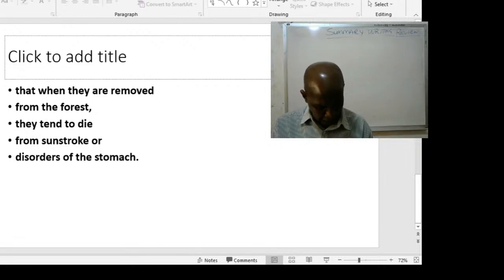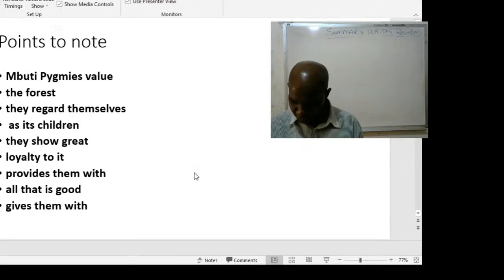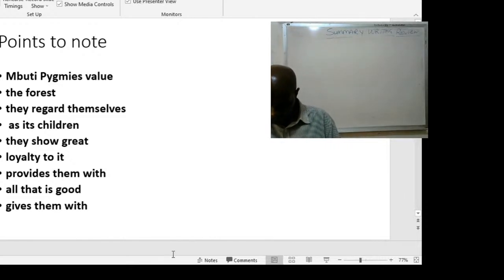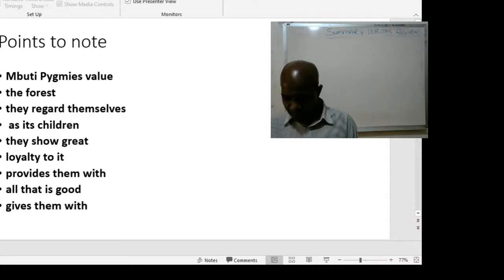We also say that the forest provides them with all that is good. The forest gives them warmth. It gives them shelter. It gives them food, affection, all year round.